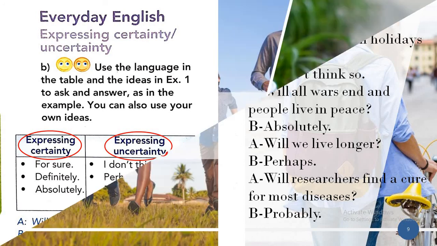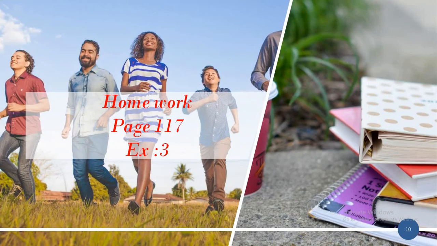And now let's move to the last part of our lesson, which is homework. Before that, go to writing. You have a writing task, which is the last thing on page 81. Write 5 predictions about what life will be like in 50 years.